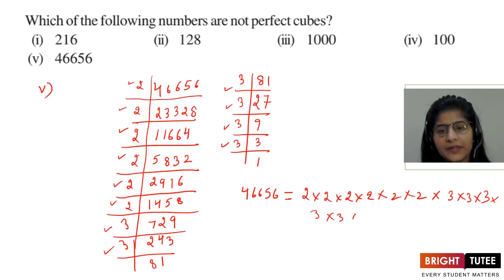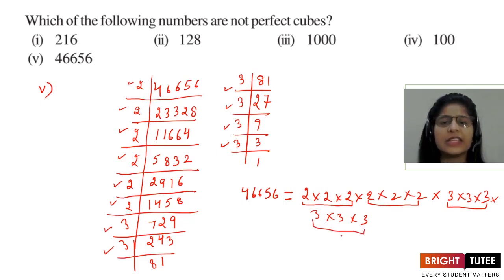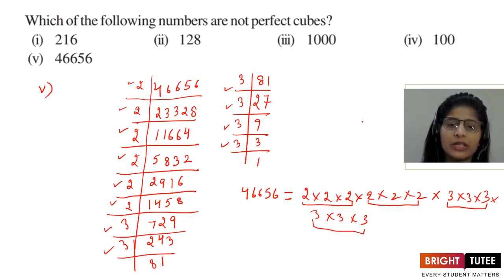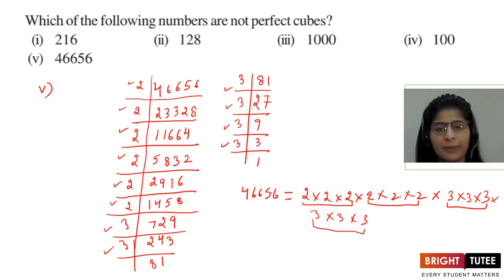Let's now try to group them in triplets. So one triplet is these 3 2s. Then again this is a triplet, then this is a triplet, and this is a triplet. We see there are 4 triplets made, 2 of 2s and 2 of 3s, right? So we say that it is a perfect cube because all the prime factors are grouped into triplets.